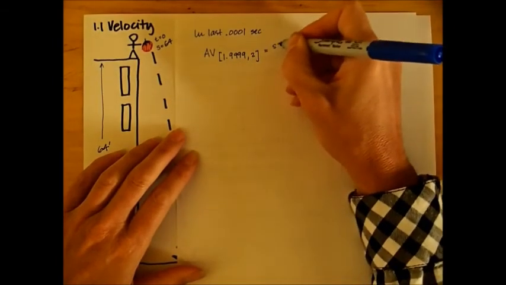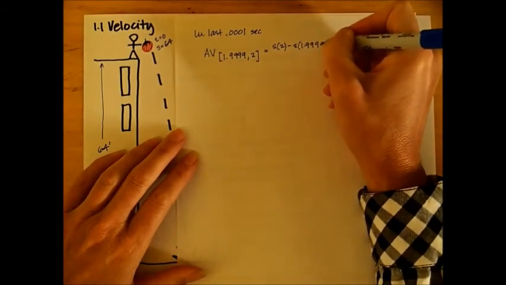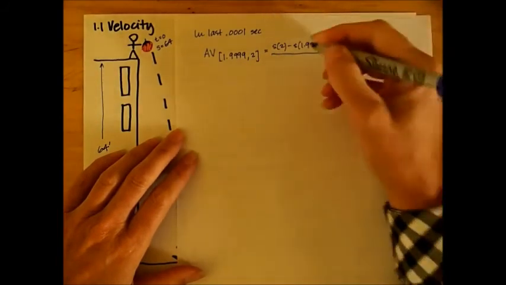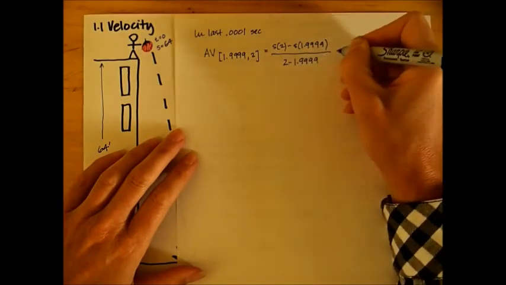S of 2 minus s of 1.9999 over 2 minus 1.9999.